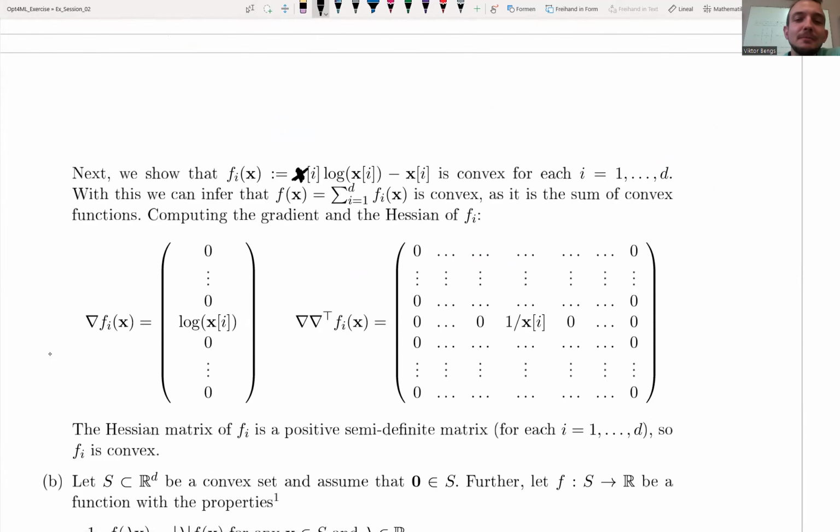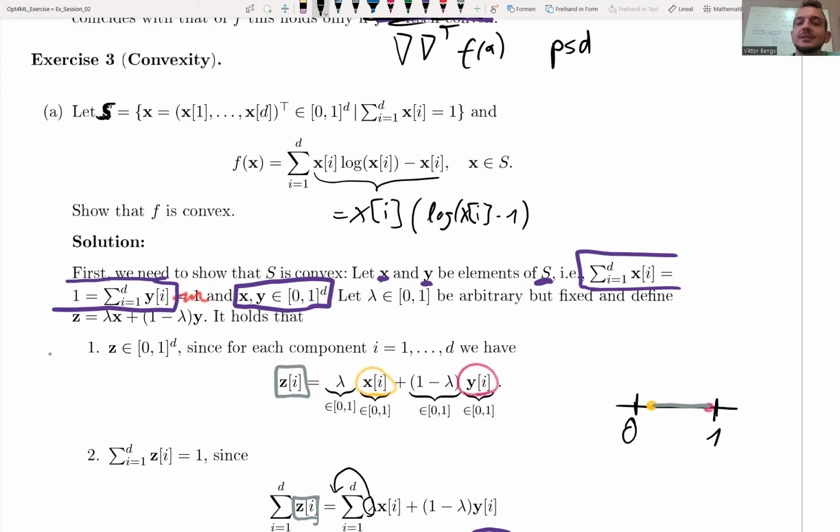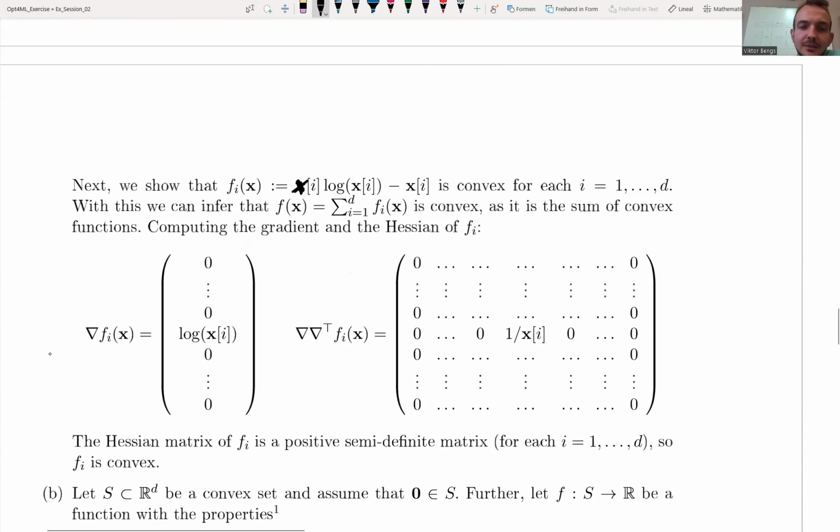And what we will do now is we are in fact interested in this function f of x. And this function f of x, now we will take advantage of the nice properties of convexity, we can write it as the sum of the many functions fi. And what are these functions fi?